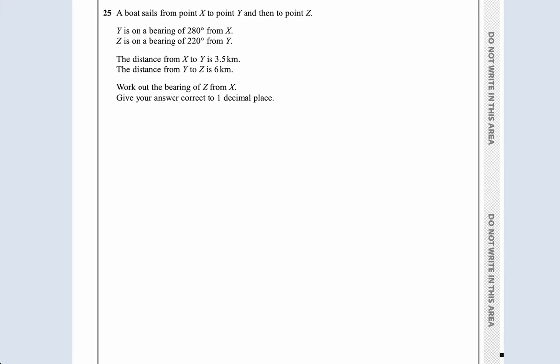If you didn't draw a diagram here, guys, I don't actually know how you do it, but we're going to draw a diagram. So it says Y is on a bearing of 280 degrees from X. So we're going to start with X. Let's draw X here, a point X. Now guys, when we're talking about bearings, you want to put a north line from the point, because with bearings, you start north and you turn clockwise.